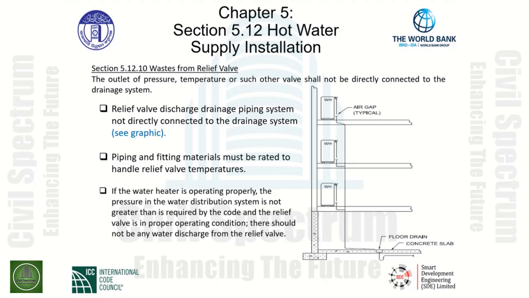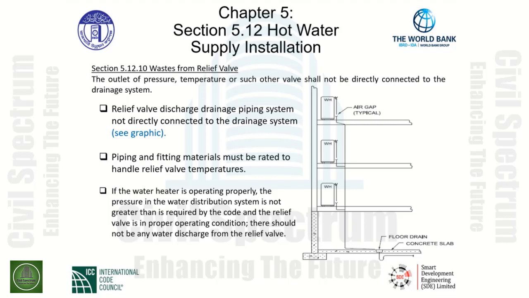And we run that pipe all the way down to the first floor and pick up the T and P drain from the first floor water heater, and then go down into the lower level and indirectly discharge the waste into the floor drain. Again, it is not directly connected to the drainage system.